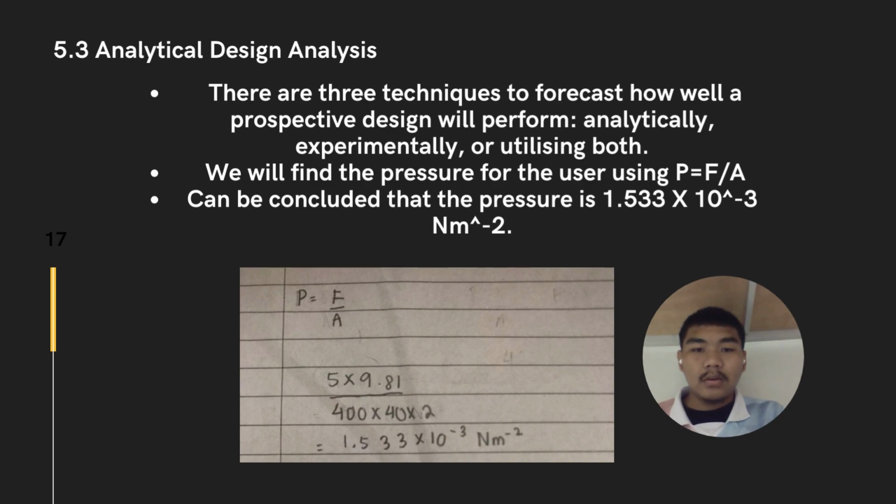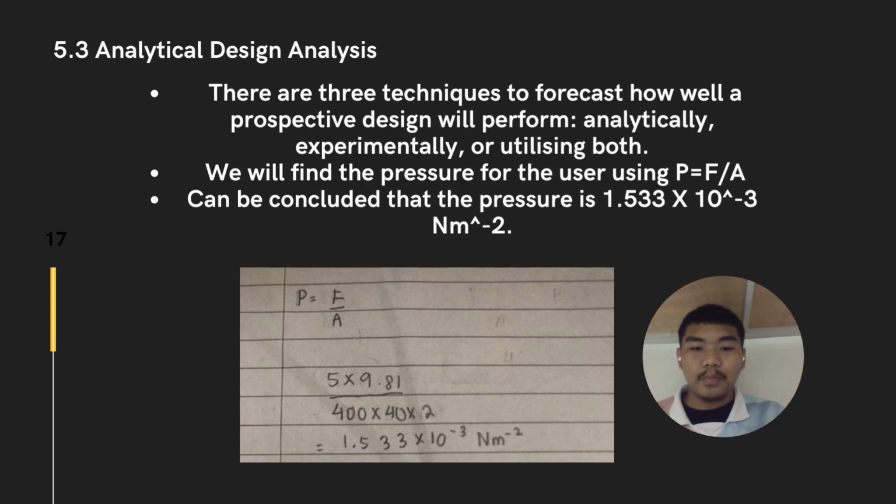So, we can conclude that the pressure on the user is 1.533 times 10 to the power of negative 3 Newton per meter squared. So that's all from me.